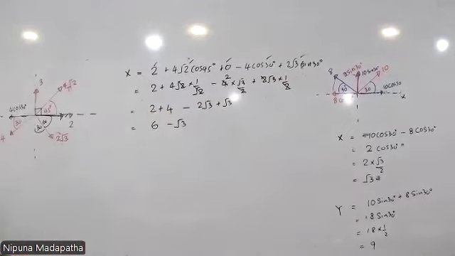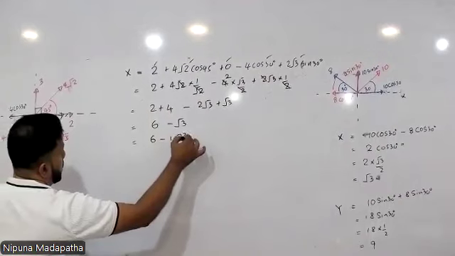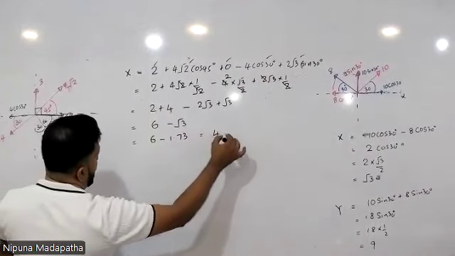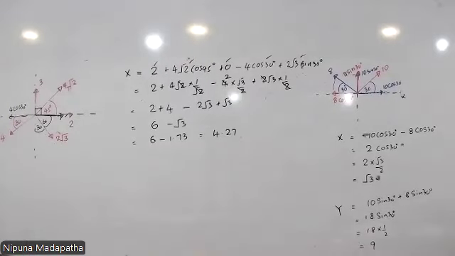Root 3 is 1.73, so the answer is 4.27. Right, now get the y components.